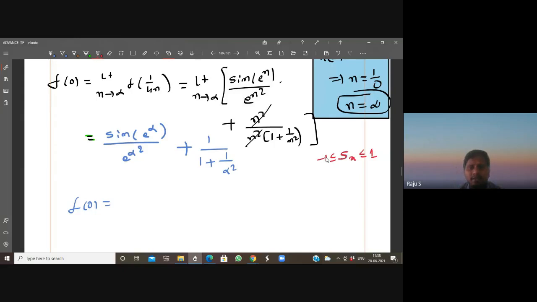Then what about sin e power infinity? e power infinity is infinity. So sin of infinity by e power infinity is infinity, plus 1 by 1 plus 1 by infinity square is 0.